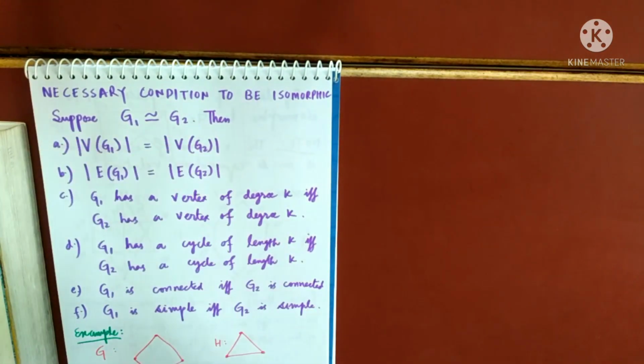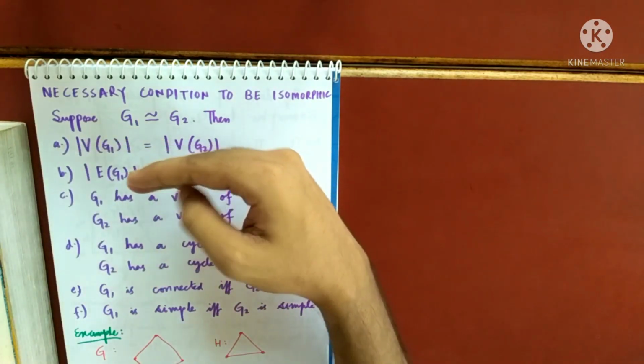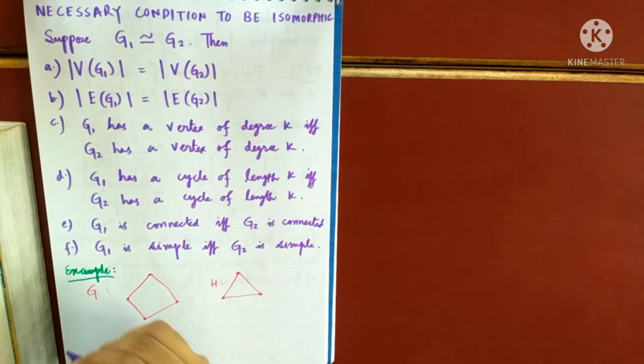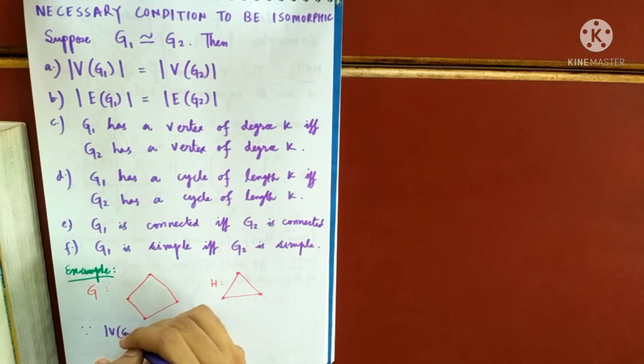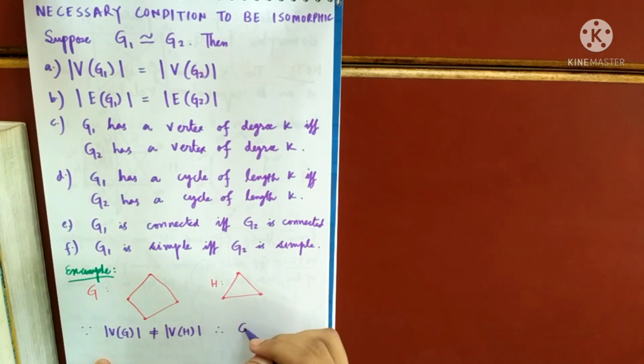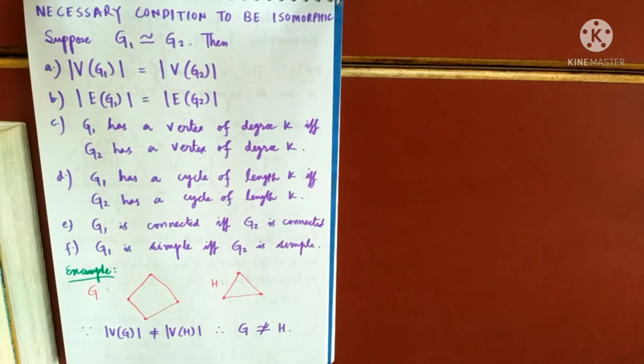Remember, a necessary condition always means if this does not hold, then the graphs are not isomorphic. So you write: since the number of vertices in G is not the same as the number of vertices in H, therefore G cannot be isomorphic to H, because the first condition is violated.